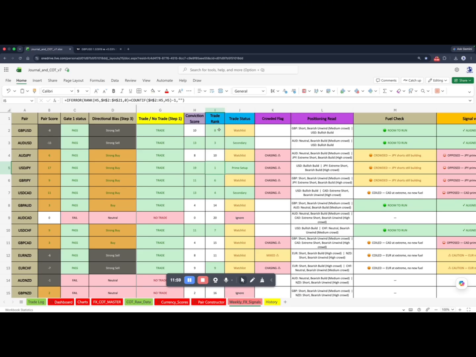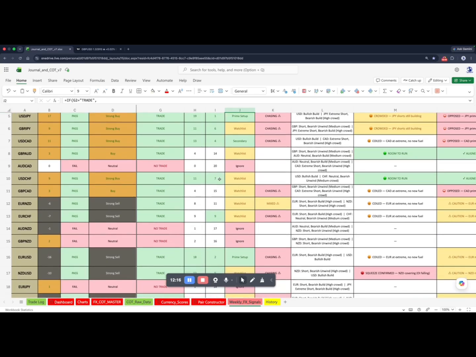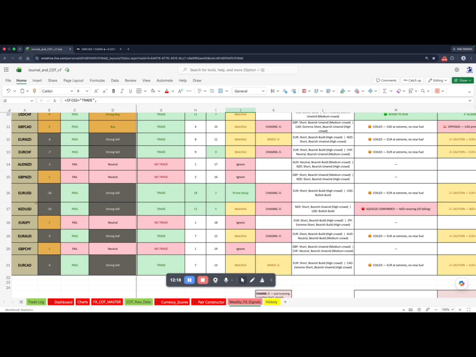So, pound US dollar, trade rank 8, not great. Trade status is watch list. What we probably want to be looking at is one where Euro US, for example, trade rank 2, prime setup.